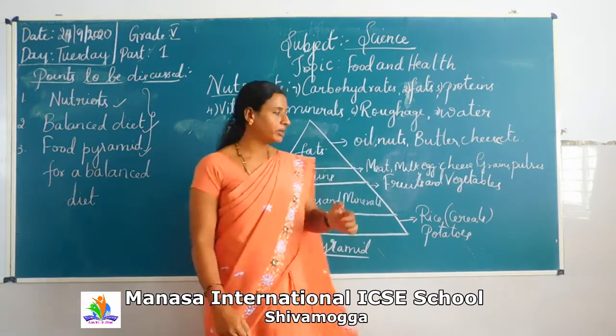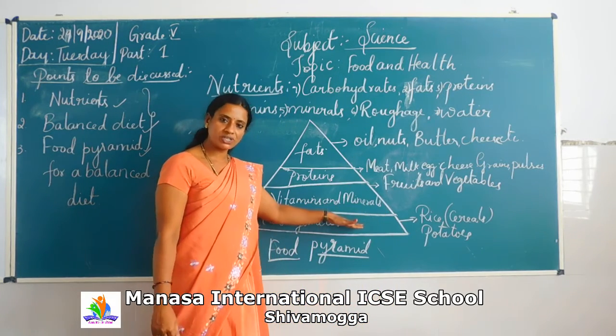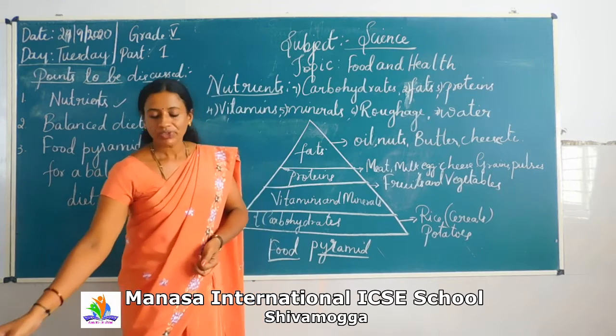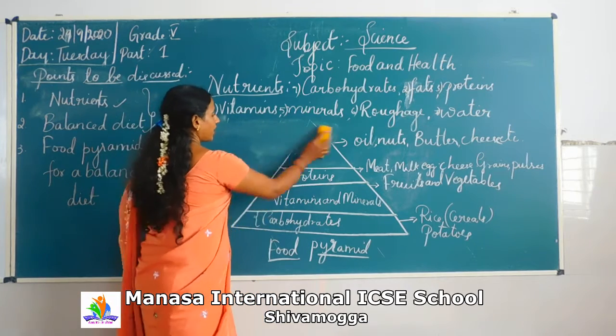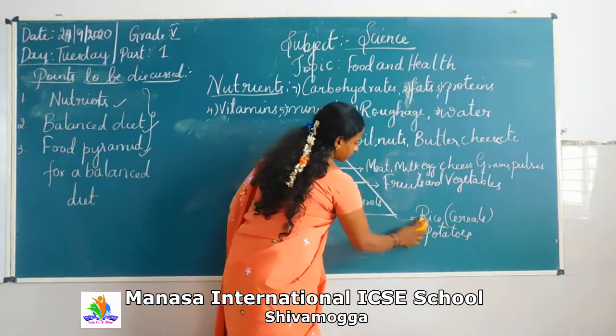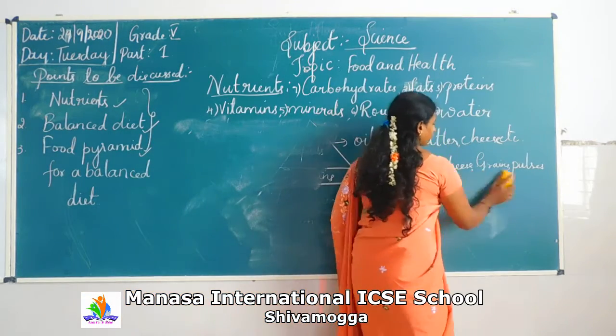And about the food pyramid, I will explain to you which has to be taken more and which has to be taken less. Now let's see how, according to age and gender, we have to consume certain foods.